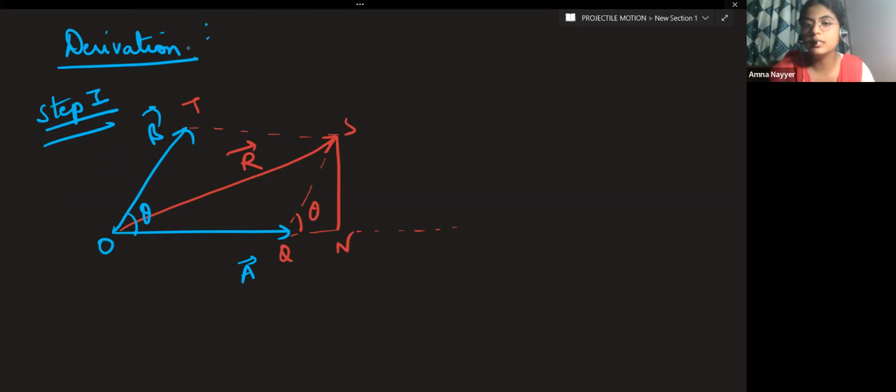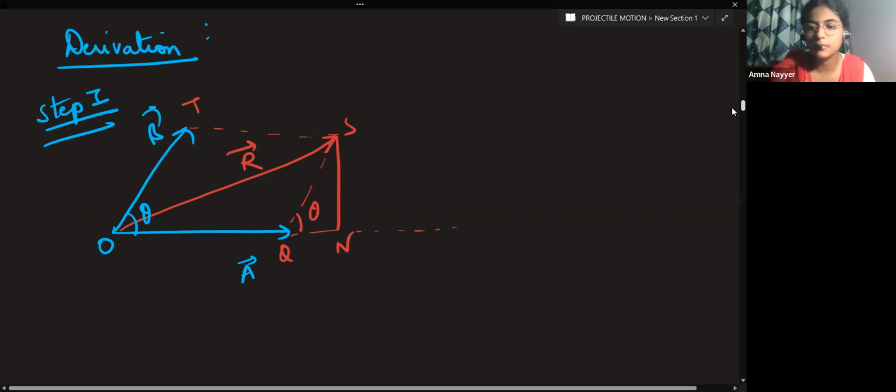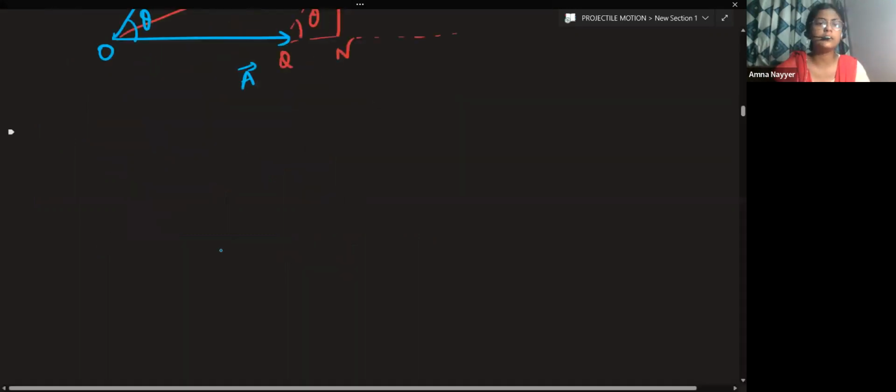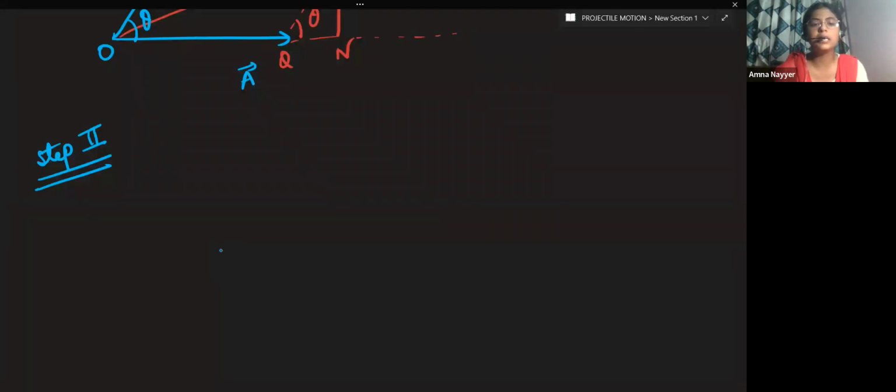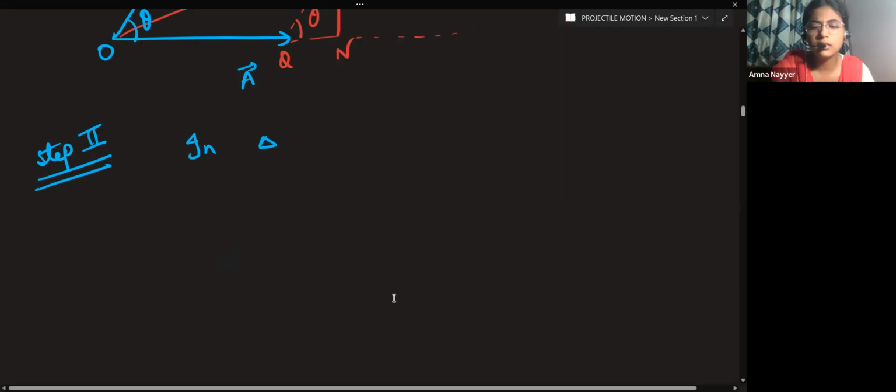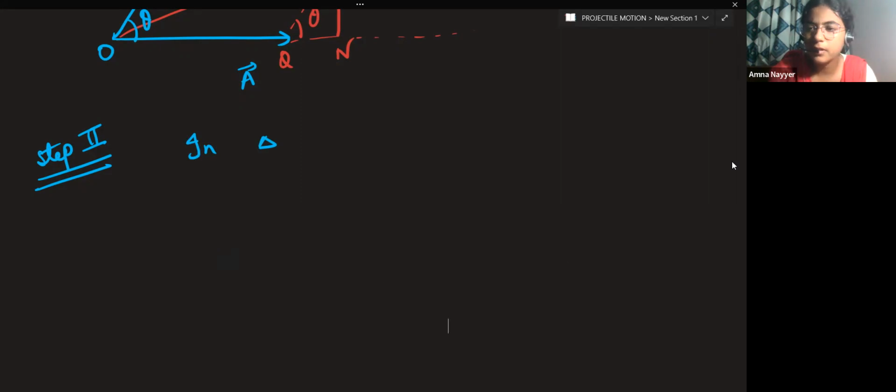Now step 2 is the magnitude. Now we have to find out the magnitude. In the triangle, what did I name the triangle? QNS, no?